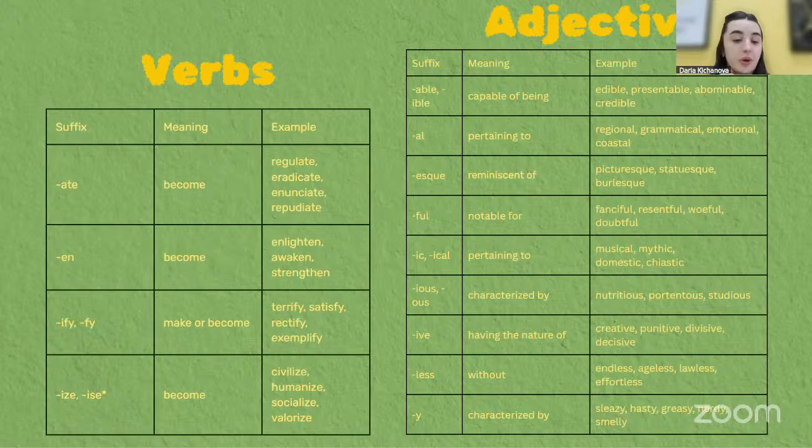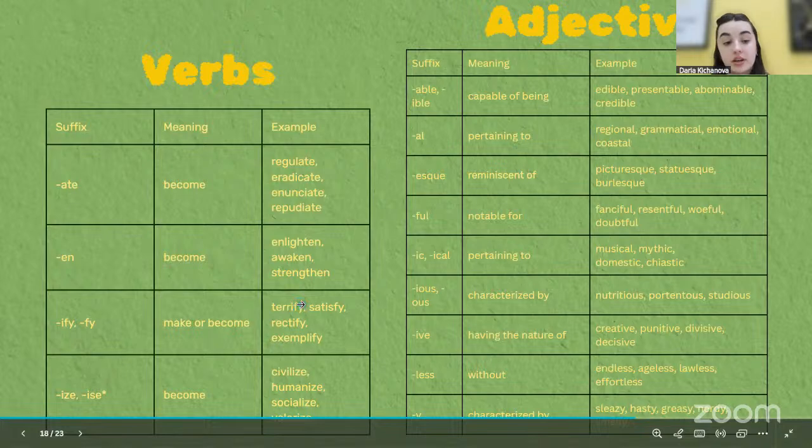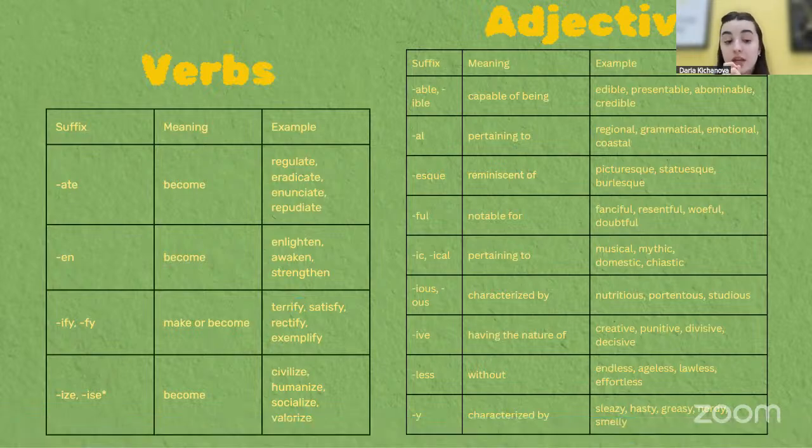For example, the word satisfaction, we used with tion, but if we want to make a verb, we can use the suffix fy, satisfy.